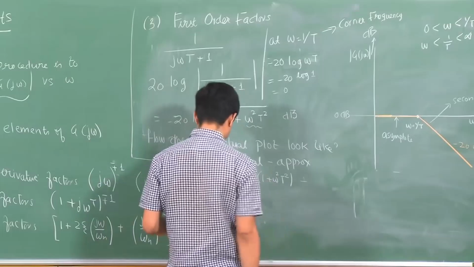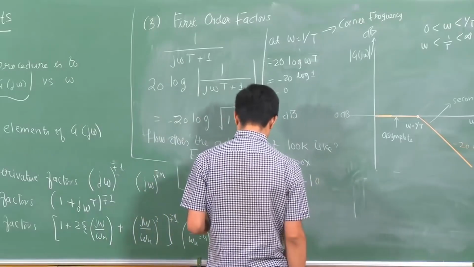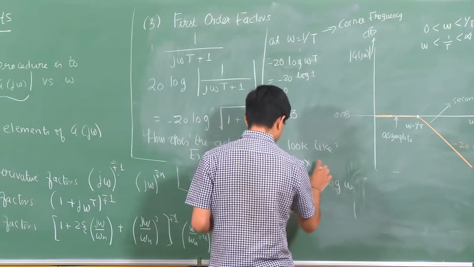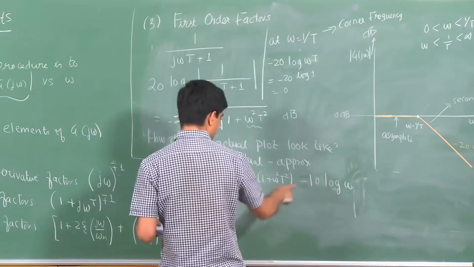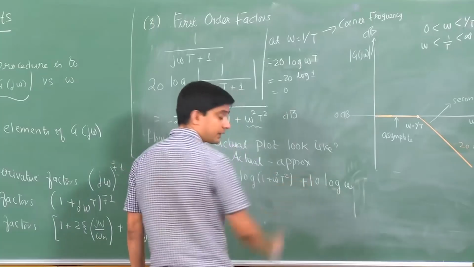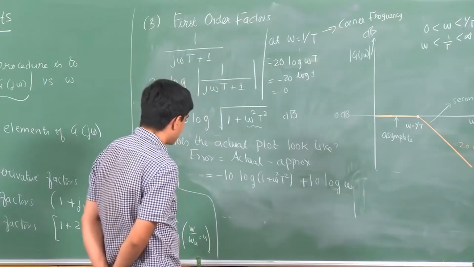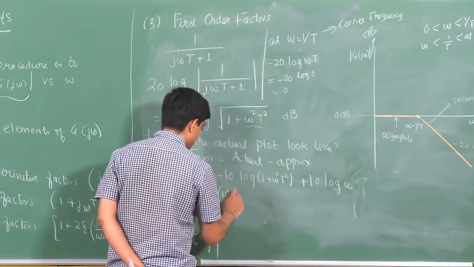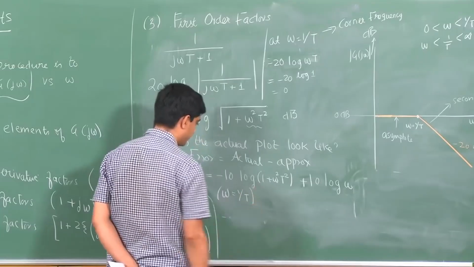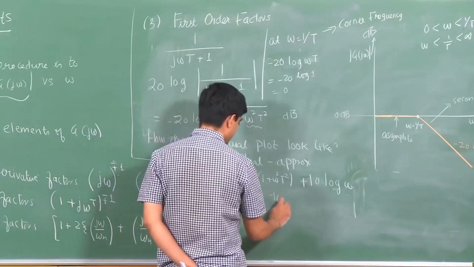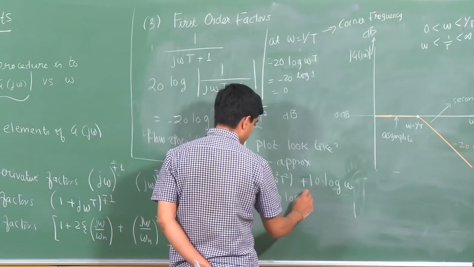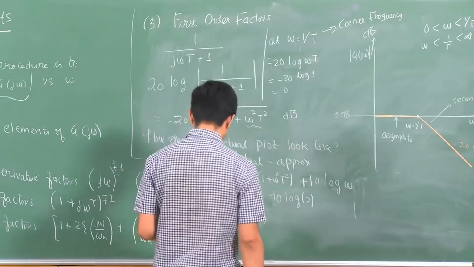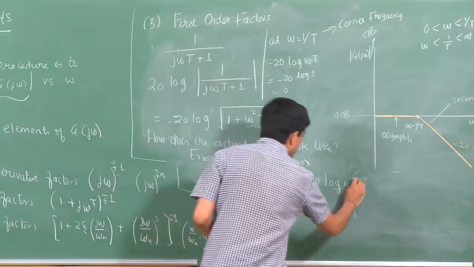The approximate was what? Minus 10 log of omega square T square. Okay. So, the minus and the minus become plus, approximate also had the minus 10, right. Okay. So, what happens at omega equal to 1 over T? This becomes minus 10 log of 2, and this will be 0, since this is omega T here.